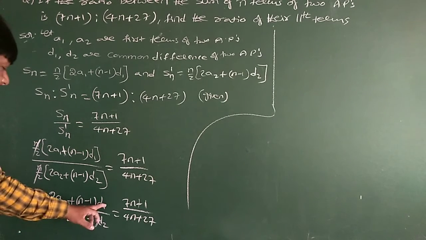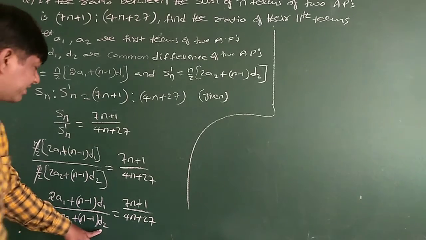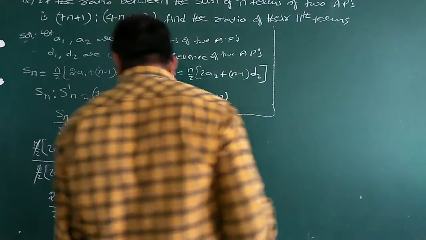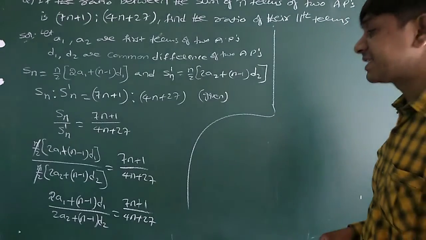2a1 plus n minus 1 into d1 by 2a2 plus n minus 1 into d2 is equal to 7n plus 1 by 4n plus 27.